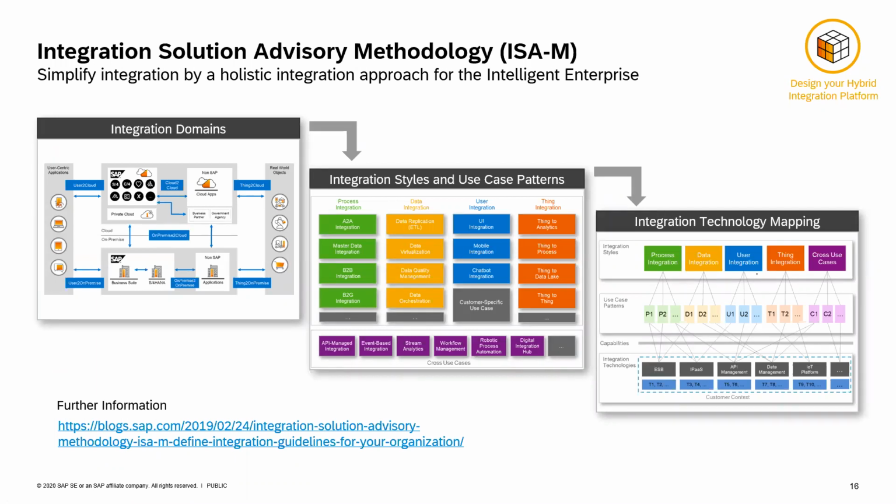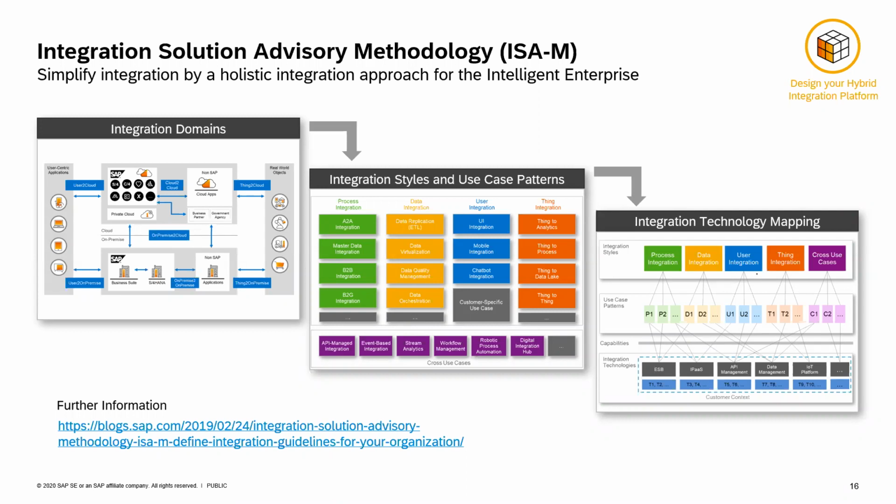This methodology offers a holistic approach to looking at your organization's integration requirements and also creating this enterprise specific strategy. Right. So it starts with scoping of your integration domain. It helps in outlining the integration areas, let us say in your hybrid landscape.